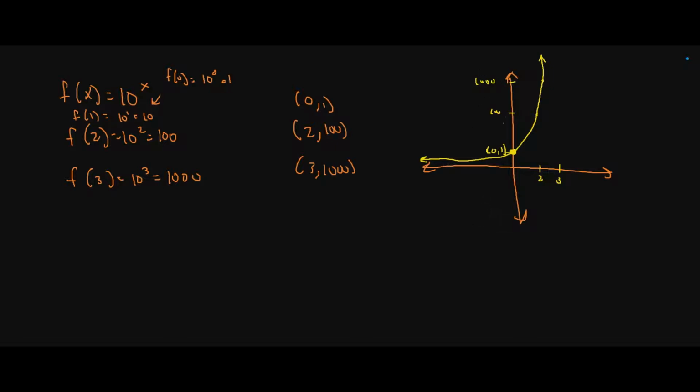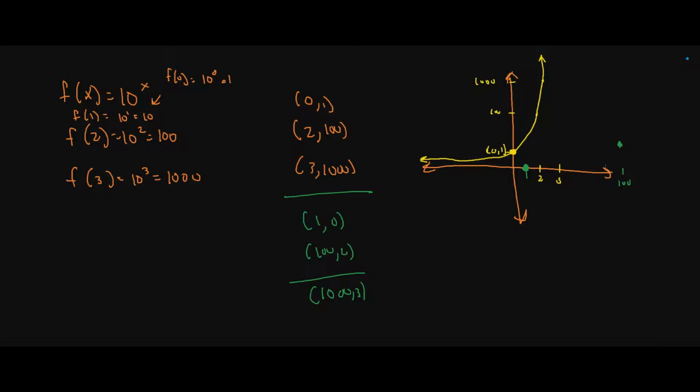Now that we have this, to find the inverse, we flip our points. So it's 1, 0, 100, 2, and 1000, 3. I'll start off with 1, 0, which is right there, and 100, 2, which is all the way over here.